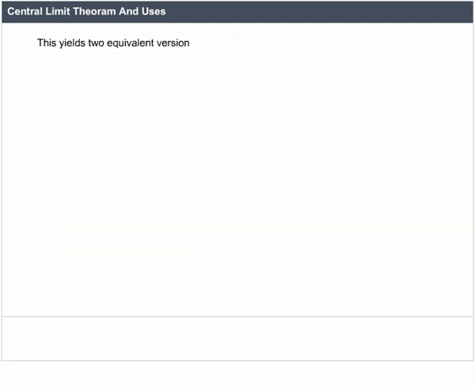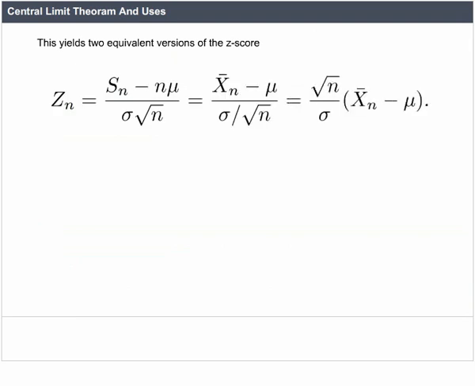This yields two equivalent versions of the z score. Zn is equal to Sn minus n mu divided by sigma times square root of n, equal to x n bar minus mu divided by sigma by square root of n, equal to square root of n by sigma times (x n bar minus mu).